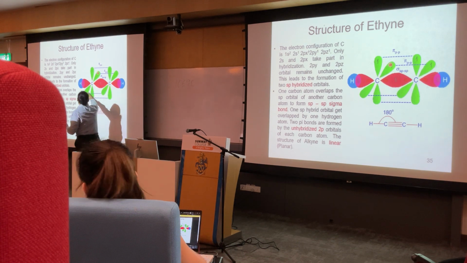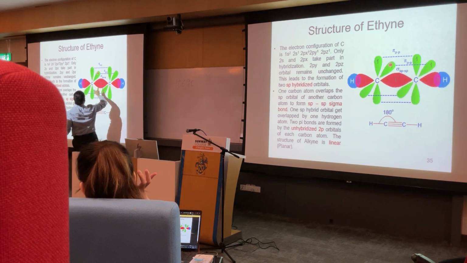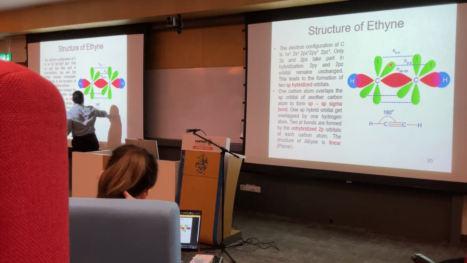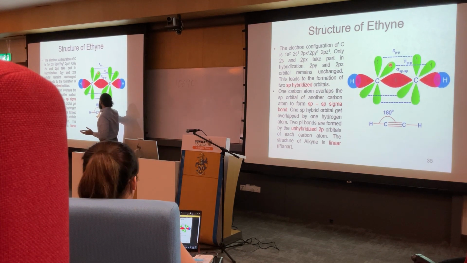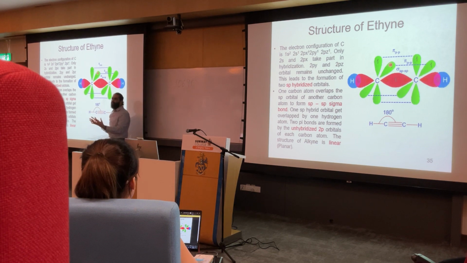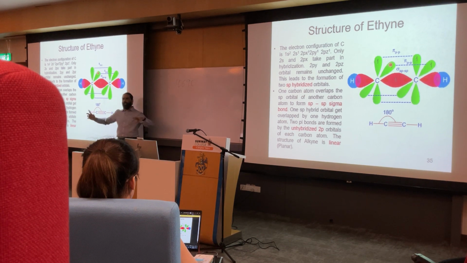So with the sidewise overlapping, they will make 2 pi bonds, right? And then they need to be away from each other as much as possible. So if you only have 2 ends, 180 would be ideal, right? They are maximum away from each other. Therefore, their structure is linear and planar.